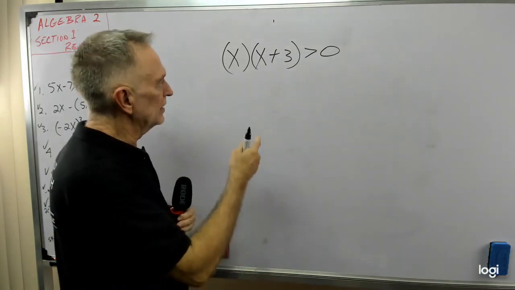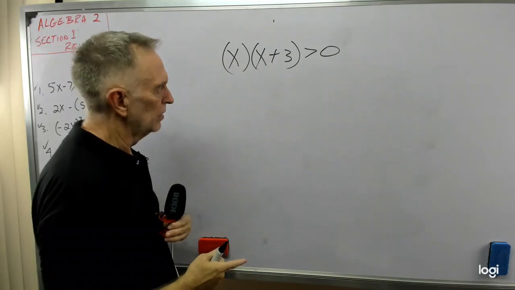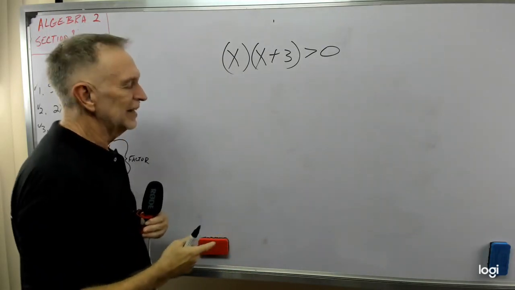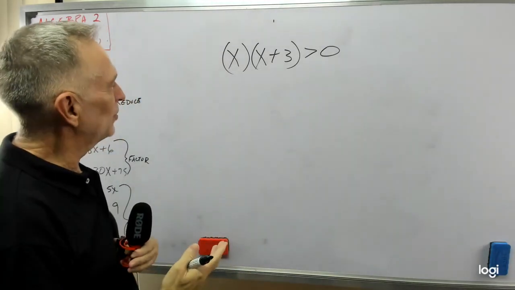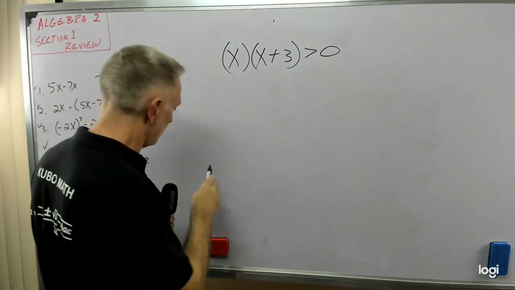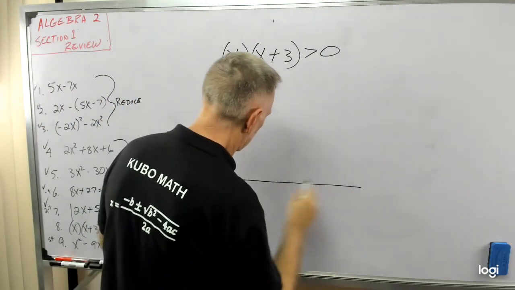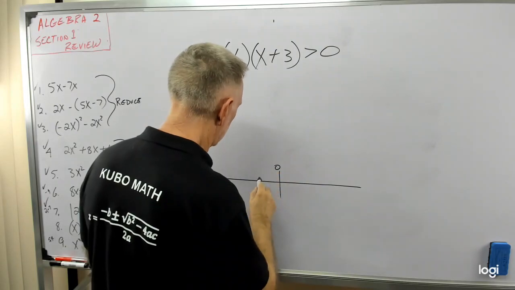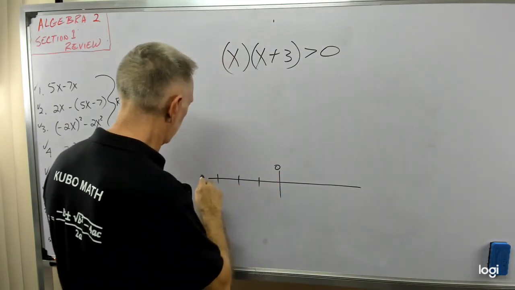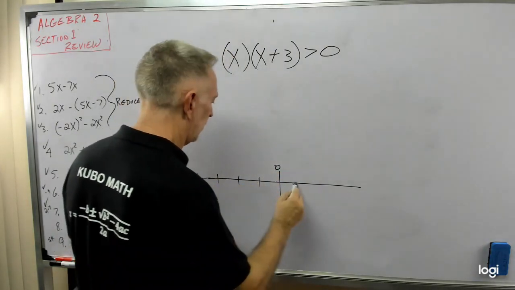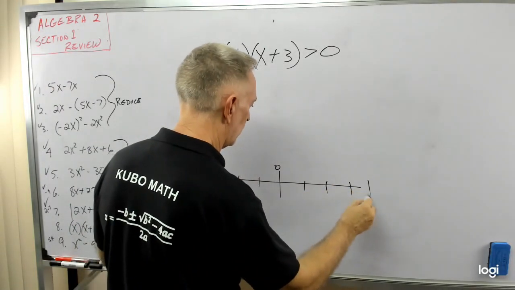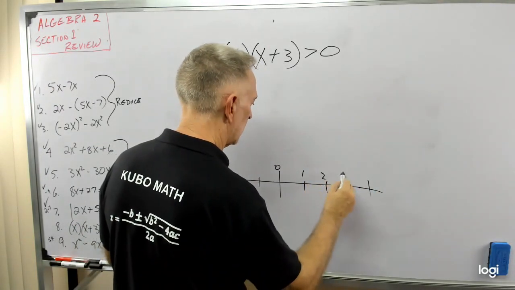And in this case, it's greater than 0. So it's a little bit unique. So having said that, we have a number line here. I've got 0, negative 1, negative 2, negative 3, negative 4, 1, 2, 3, 4. Okay.